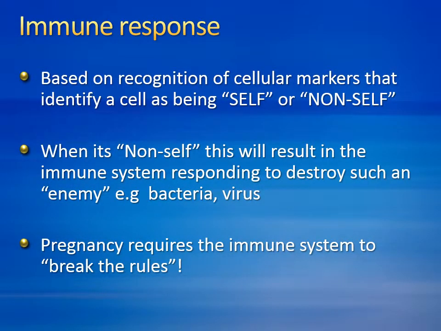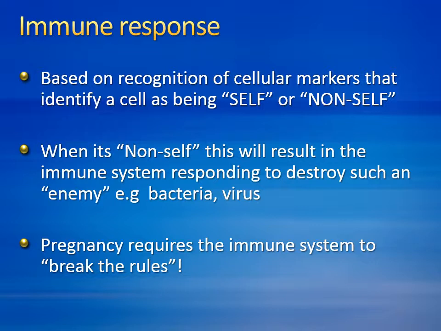Our immune response is based on the essential understanding that our immune cells recognize any tissue or membrane as being either self or non-self. In other words, friend or foe. When a cell exhibits non-self markers, this will result in the immune system responding to destroy that enemy.